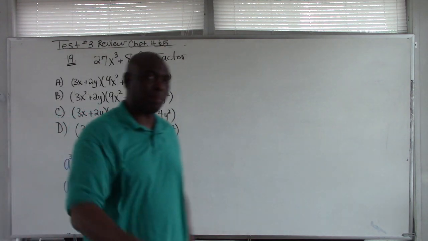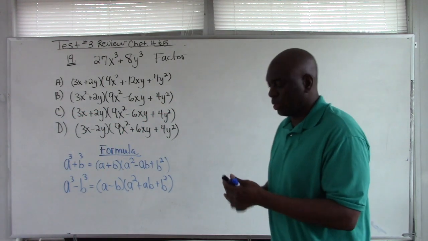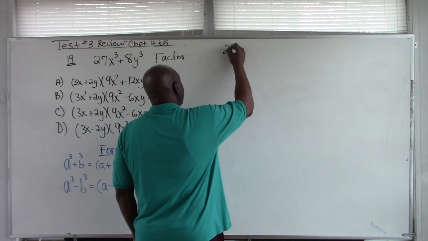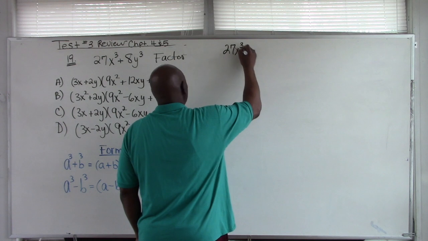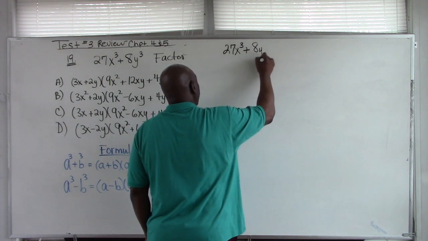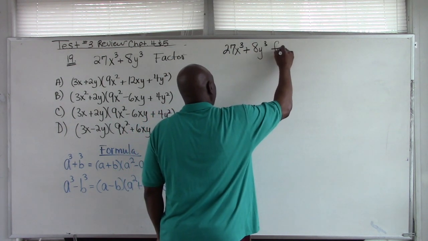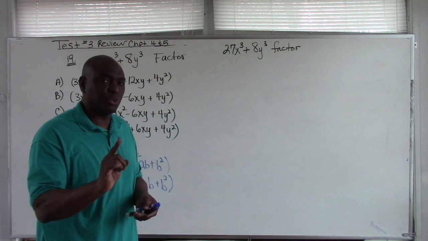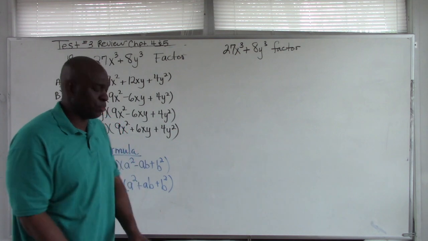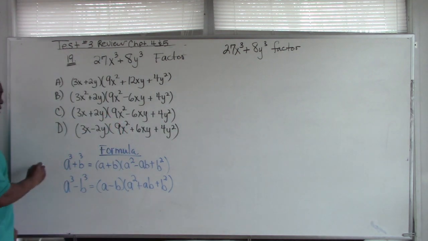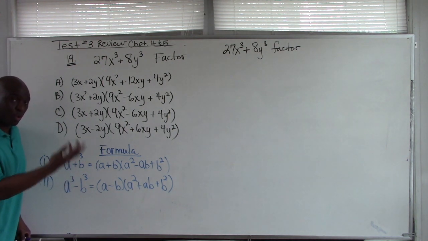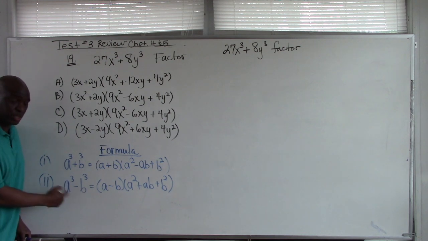Now, let's approach the problem. 27x cubed plus 8y cubed, let's factor it. First thing you have to do is determine the formula you have to use. Is it the first formula or the second formula? Is it the sum between two cubes, or is it the difference between two cubes?